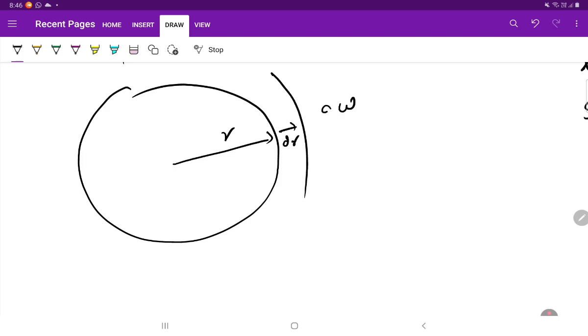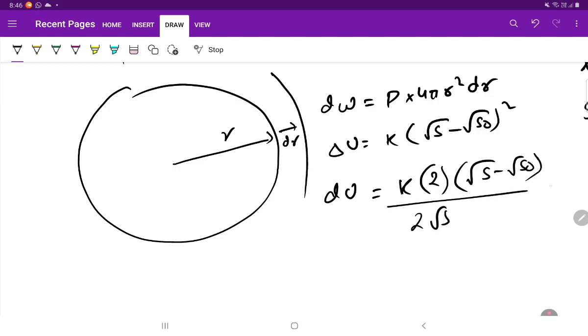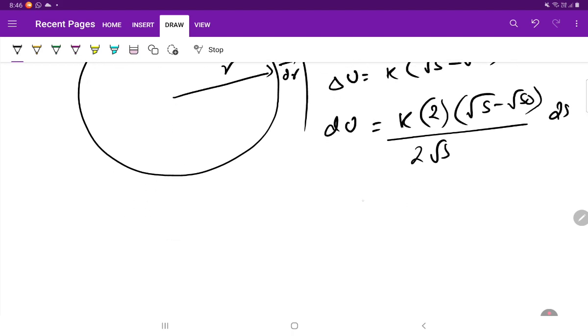So what will be the work done? dw will be p into 4 pi r square dr, right? Now what will be delta u? Delta u will be k into root s minus root s naught whole square, which can be written as du equals k into 2 into root s minus root s naught by 2 root s into ds, which you can say to be k into 1 minus root s naught by s into ds.